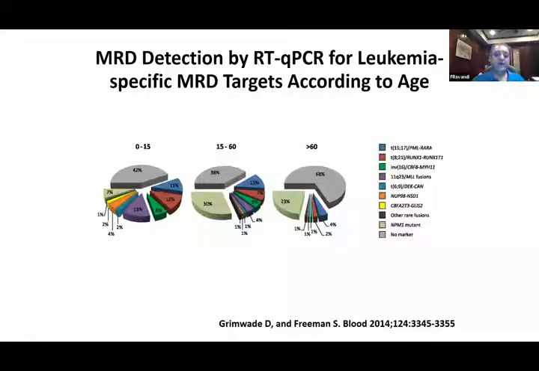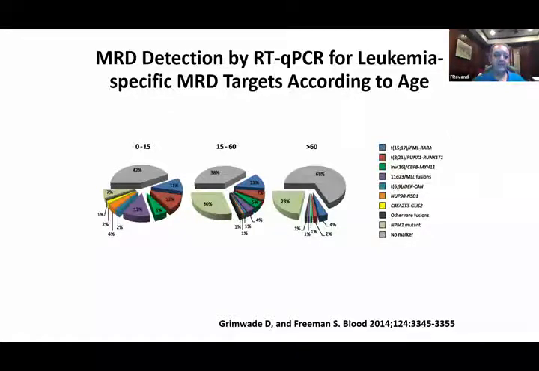Of course, now we have more sensitive assays such as reverse transcriptase PCR. And this obviously looks at present molecular abnormalities or fusion transcripts. And of course, they have to be present.